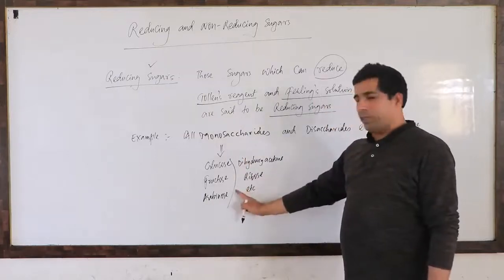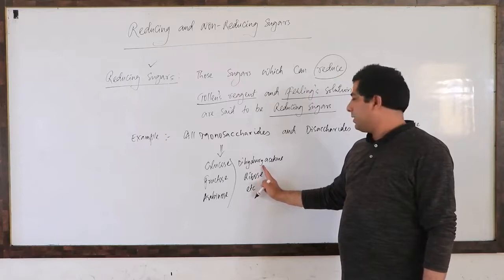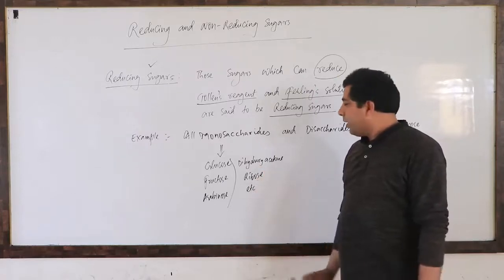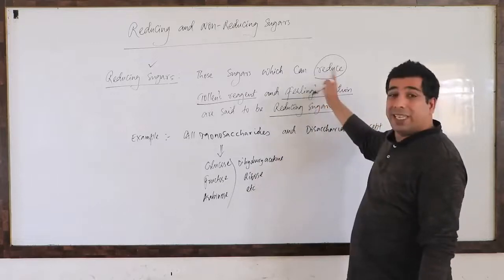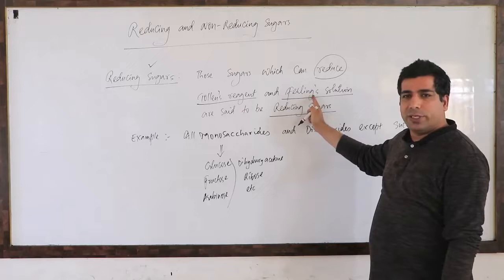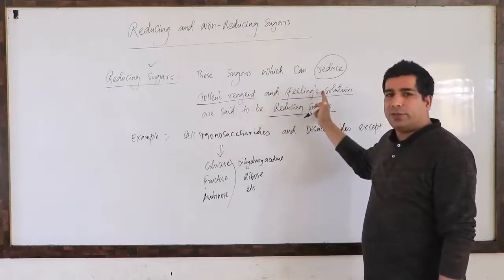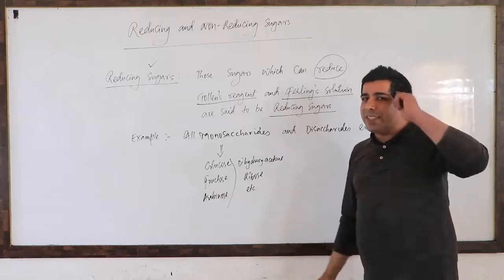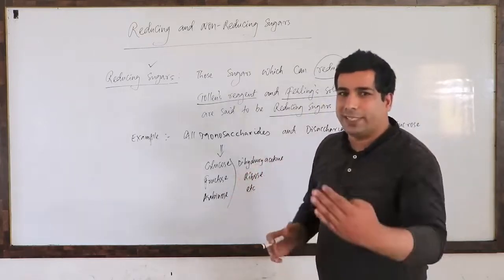Means these monosaccharides will reduce Tollens reagent and Fehling's solution. Keep in mind that I am going to tell you later what this reduction is all about.